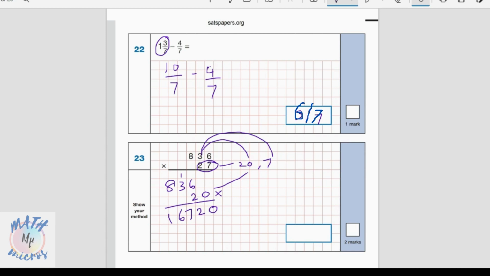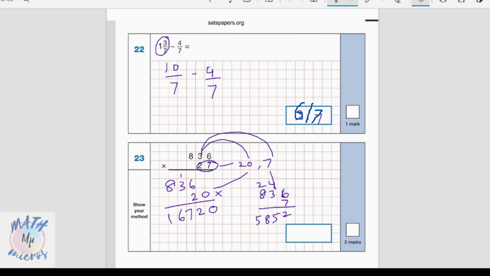And when I multiply 836 by 7, I get 6 sevens are 42, 3 sevens are 21, plus 4 which is 25, and 7 eights are 56 plus 2 which is 58.